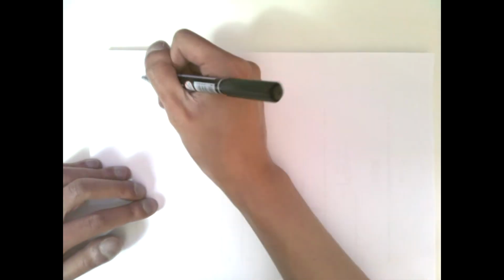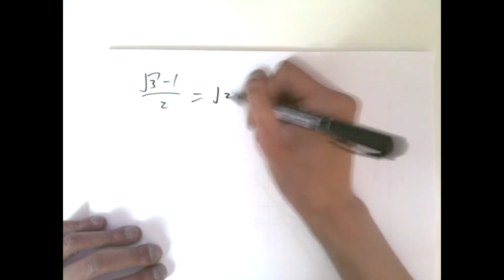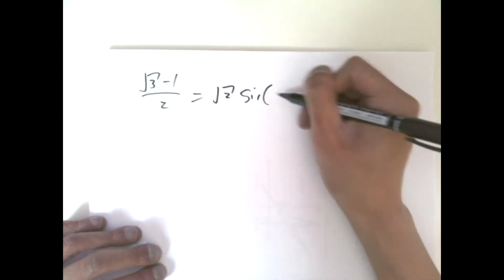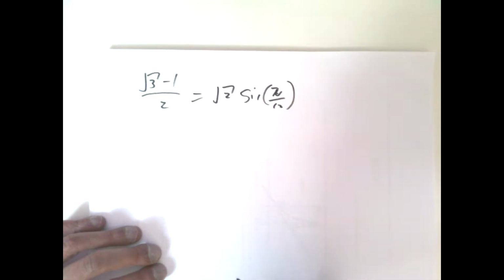So the imaginary component in Cartesian form was root 3 minus 1 all over 2. And the imaginary component in trigonometric form is root 2 sine pi on 12.